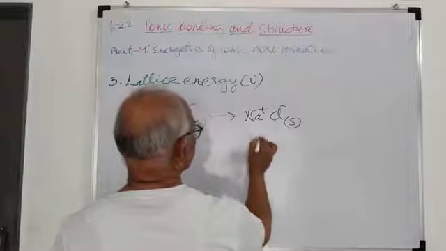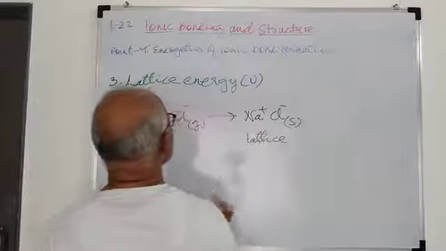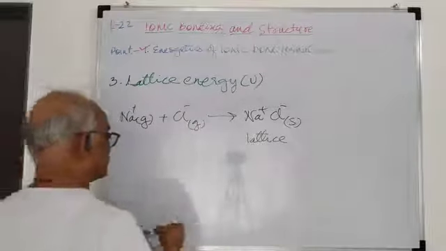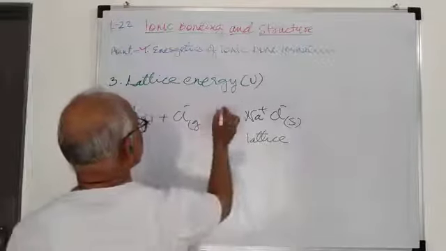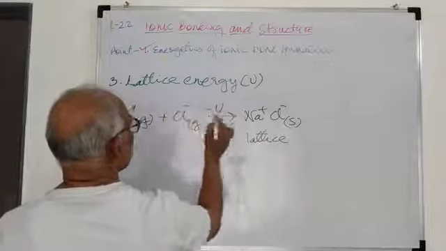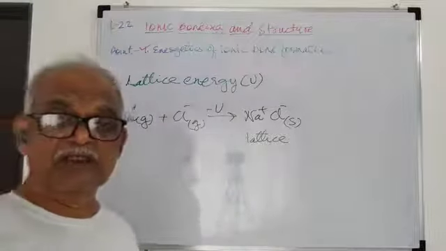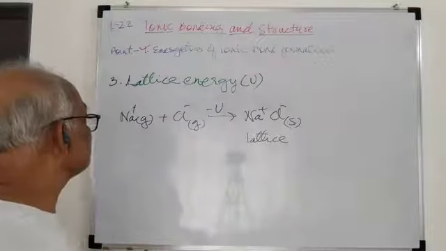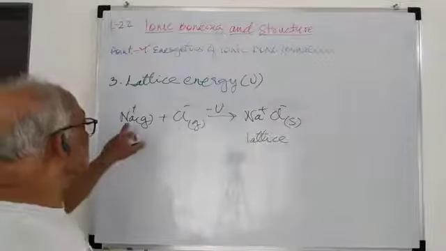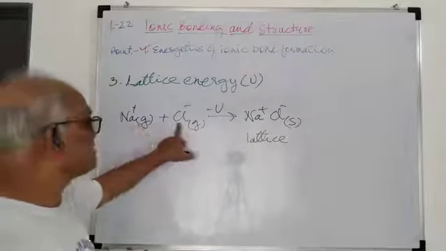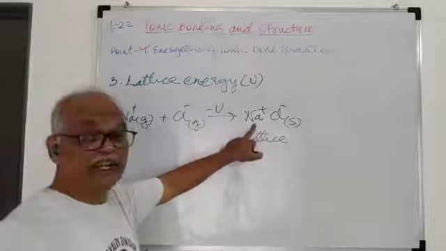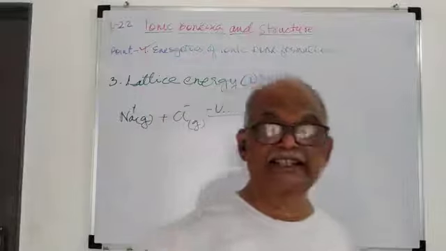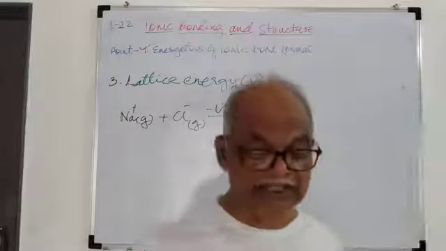This is called the lattice. The formation of this lattice takes place with the loss of some energy, and this is called U. So U represents the lattice energy, and since it shows the loss of energy, it is represented with a negative sign. So Na+ in gaseous state combines with Cl- in gaseous state and gives Na+ and Cl- in solid state, called the crystal lattice, ionic lattice or ionic solid.